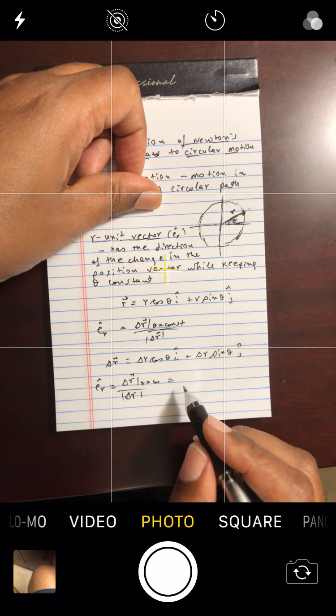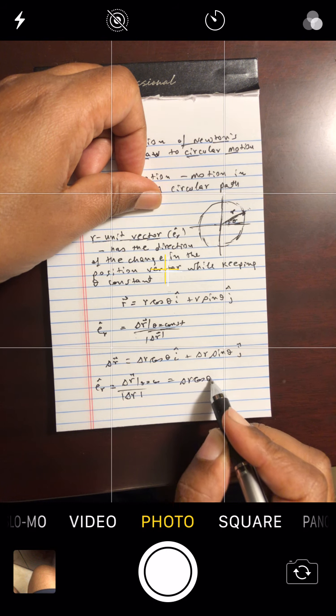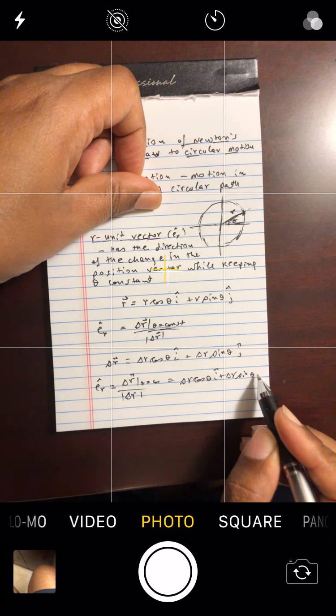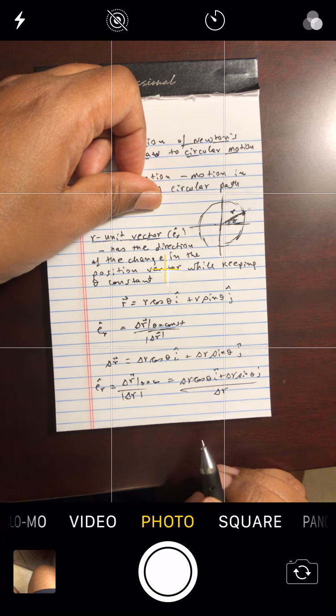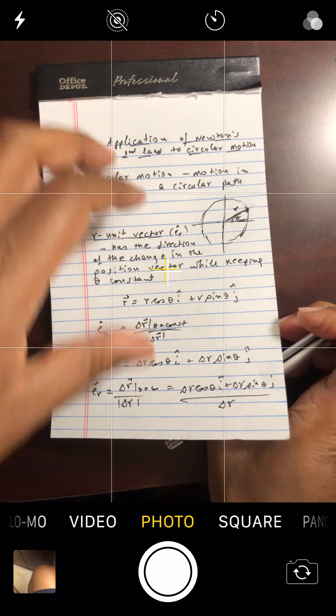All right. So we have delta r cosine theta in the i direction plus delta r sine theta in the j direction divided by the magnitude of the change delta r. So if this goes away, we get an expression for e_r.